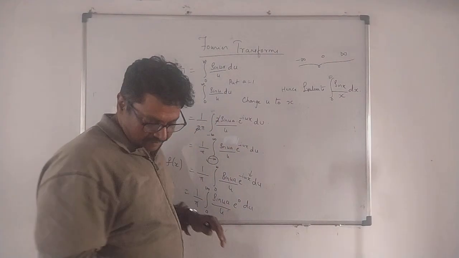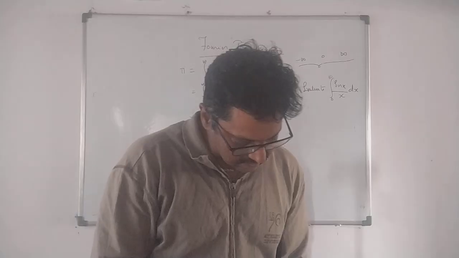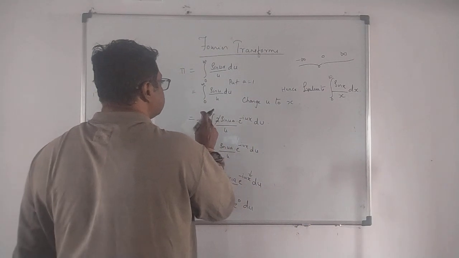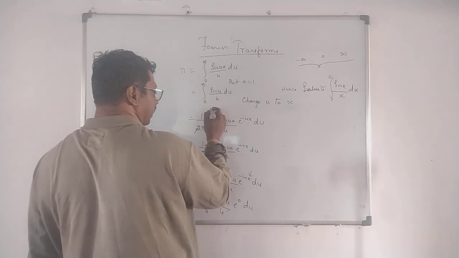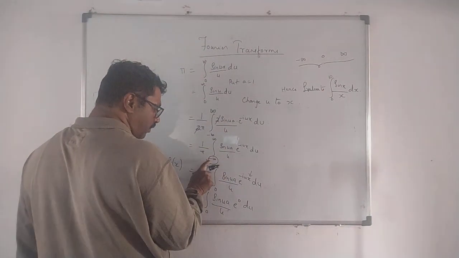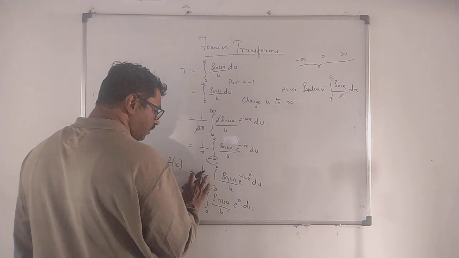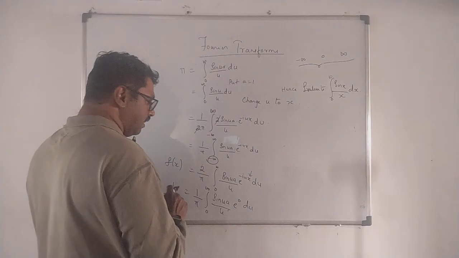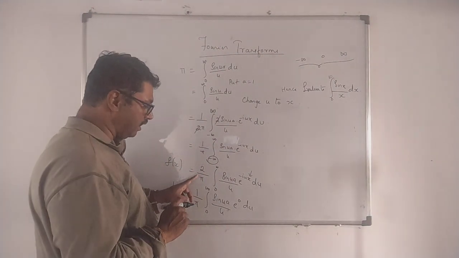One term we have missed here: you should know that from minus infinity to infinity, if you forego minus infinity, you have to put 2 here in the answer. Why?